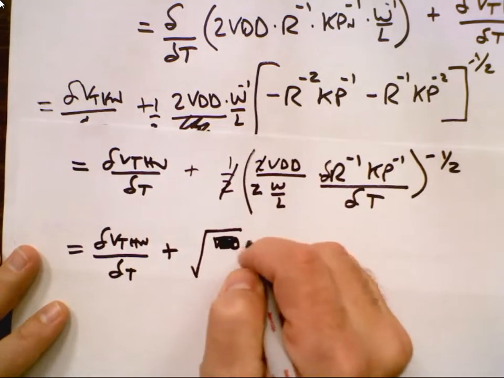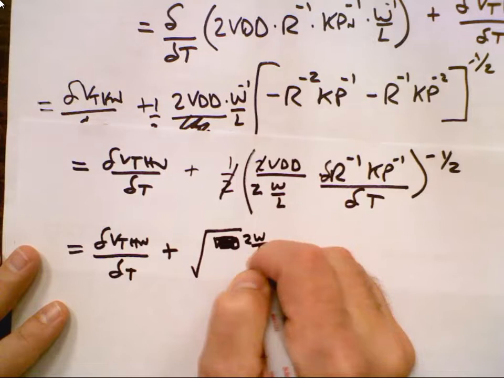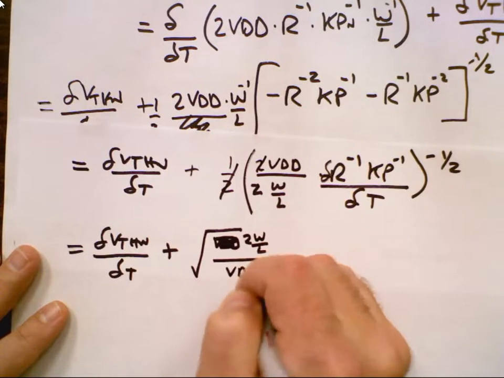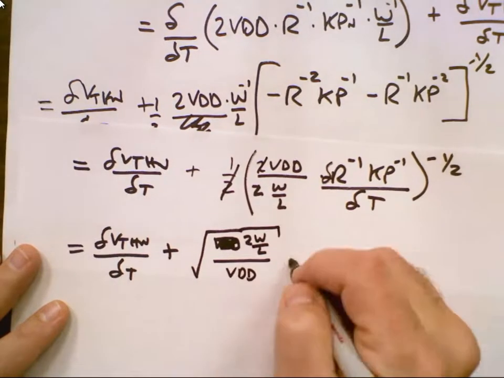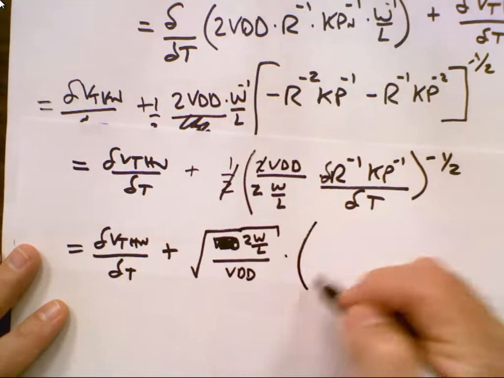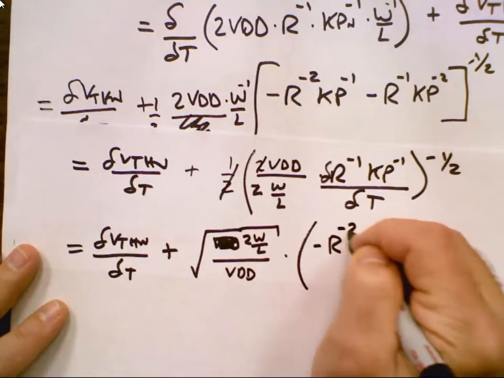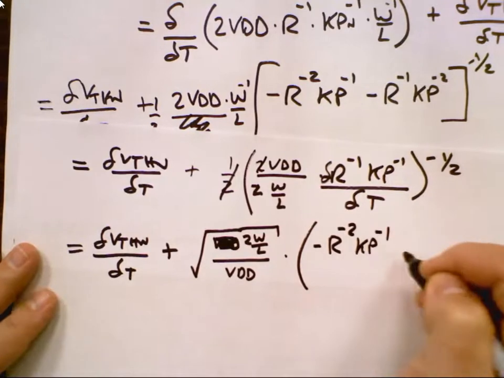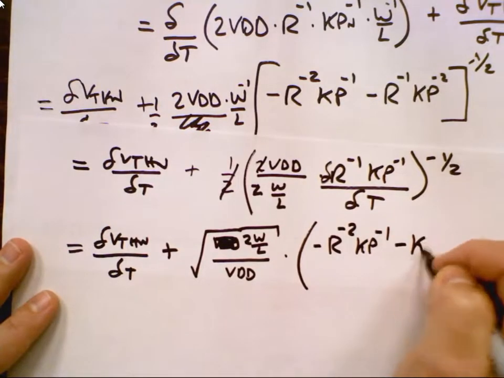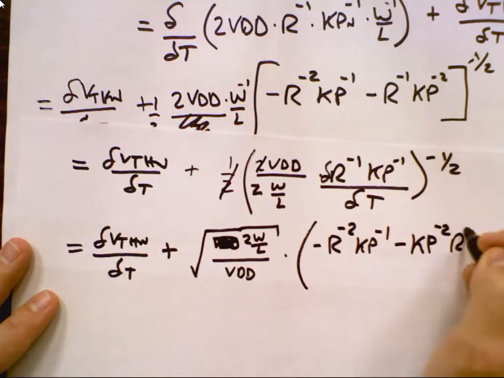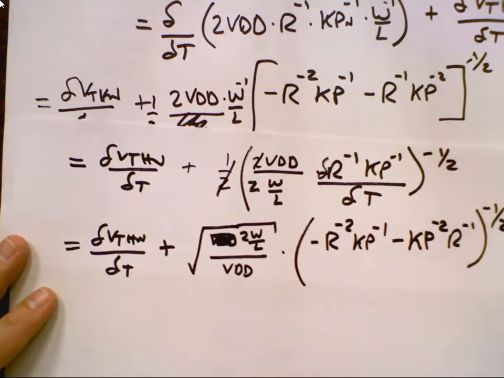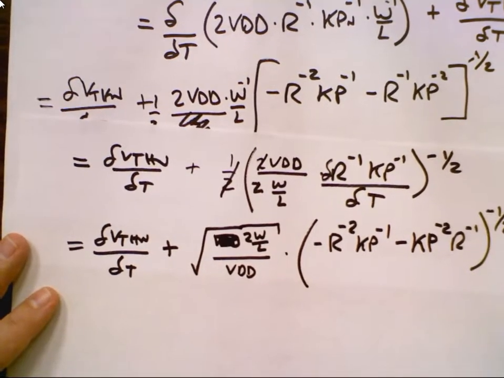Square root of 2W over L divided by VDD, and then that's times minus R to the minus 2 Kp to the minus 1 minus Kp to the minus 2 R to the minus 1 to the minus 1/2. All right, looking good?